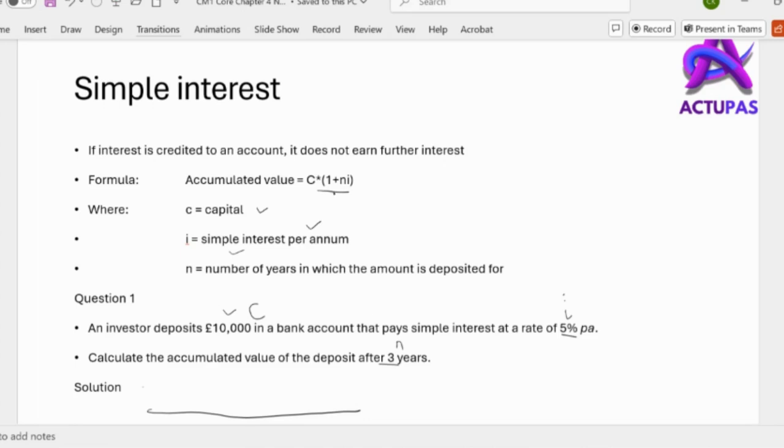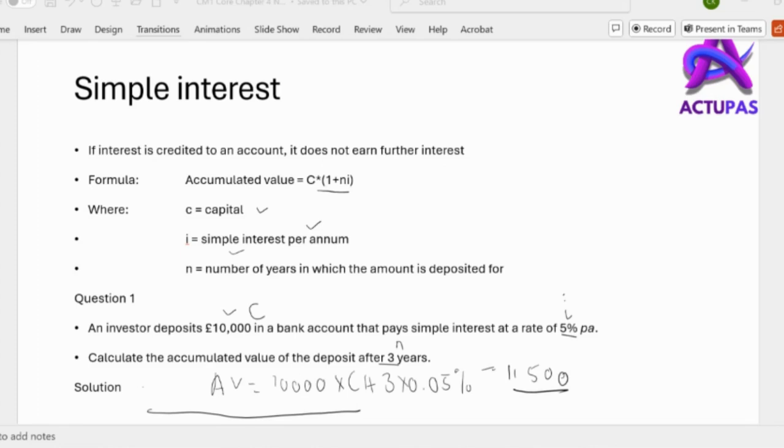And using this formula, we know that the accumulated value is equal to C, 10,000, times 1 plus n, which is 3 years, times i, which is 0.05 or 5%. This is equal to 11,500. So we found the accumulated value based on simple interest.